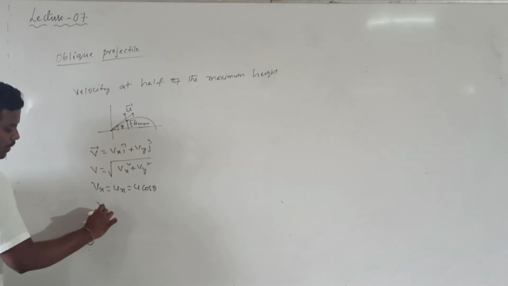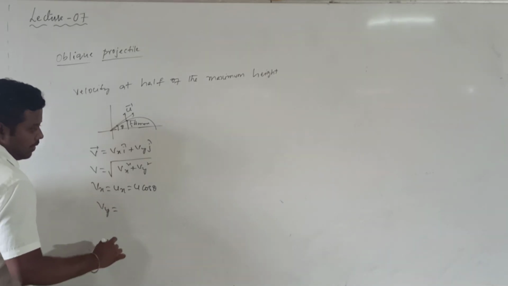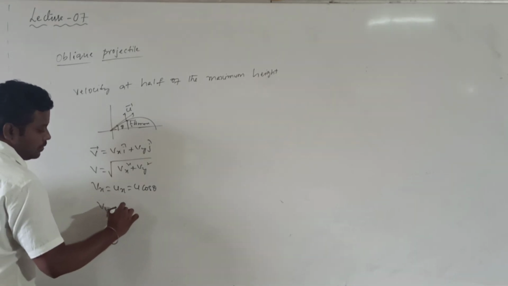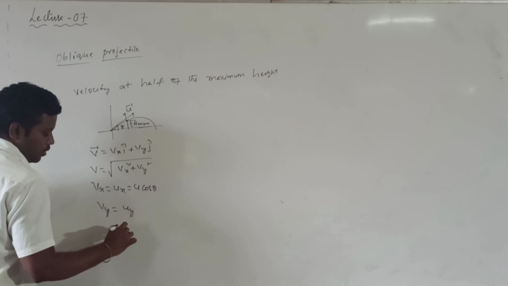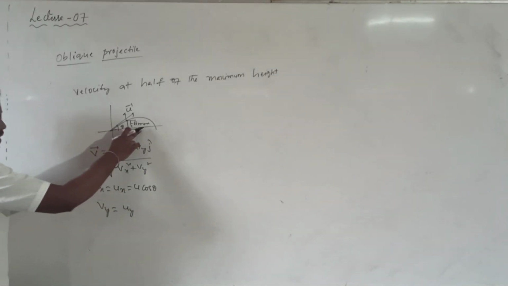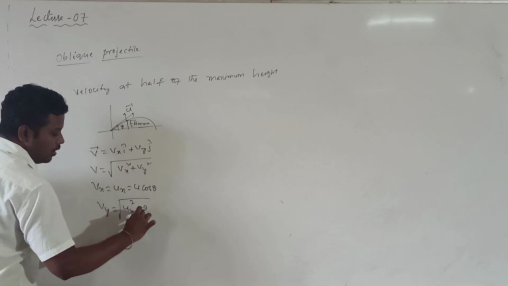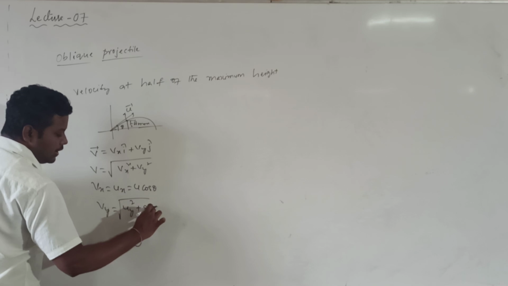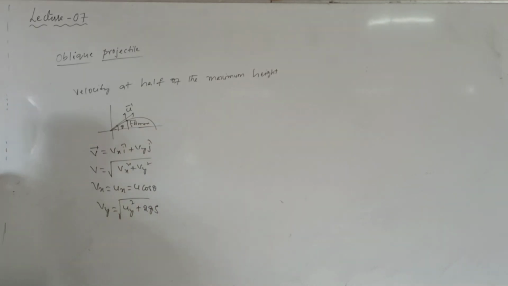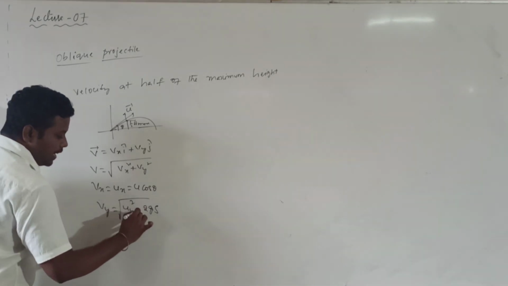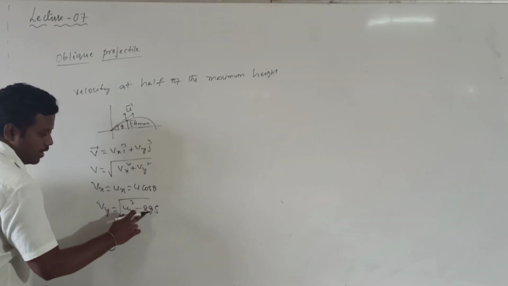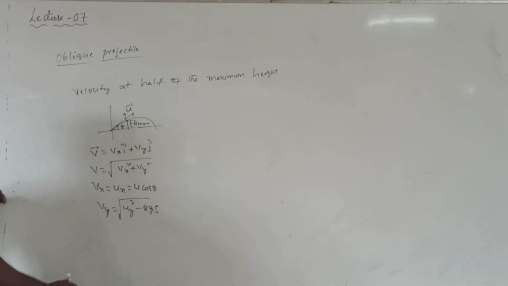What about the vertical component of final velocity, Vy? Because I know the distance, Vy square is equal to Uy square minus 2 into g into S, by using the formula V square minus U square equals 2aS, with acceleration minus g.